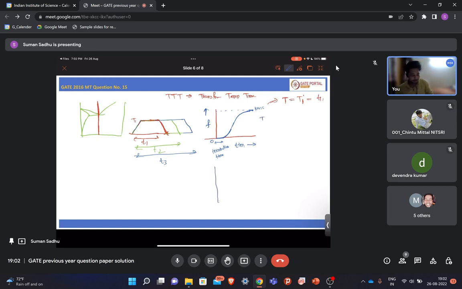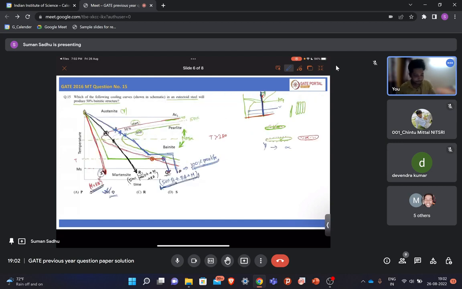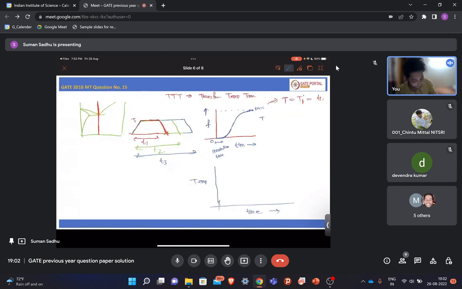Now if you draw temperature in this axis and time in this axis as drawn in the CCT, so for a certain time you will get different fraction of transformation, right? So here it is 0, then you will get one point here, then you will get another point here.